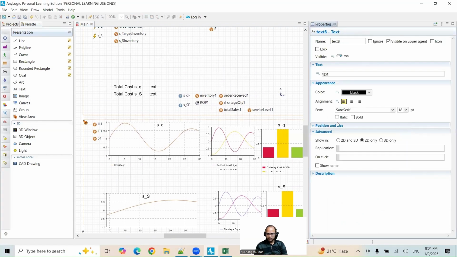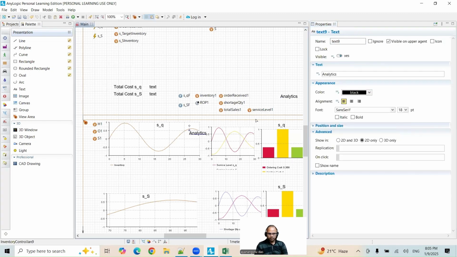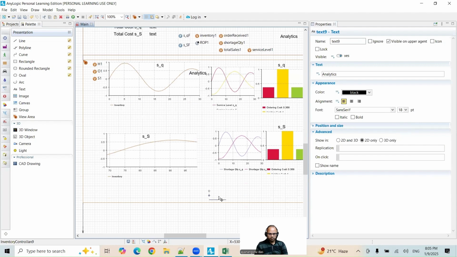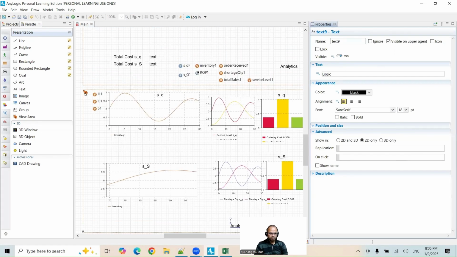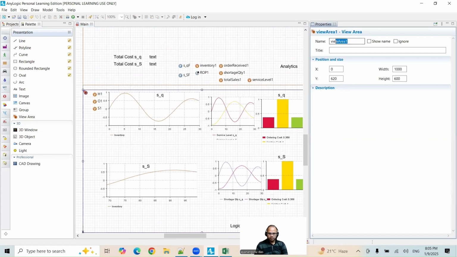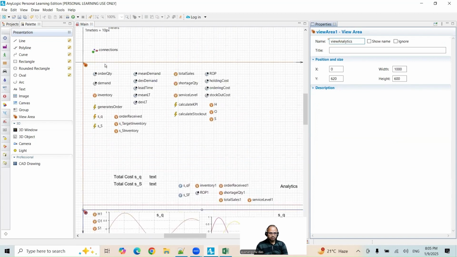So we can say that this is view analytics, and we'll have another which will take us to the logic views. So we have to name these views as well. We can say that this is a view for analytics and this is the view for logic.